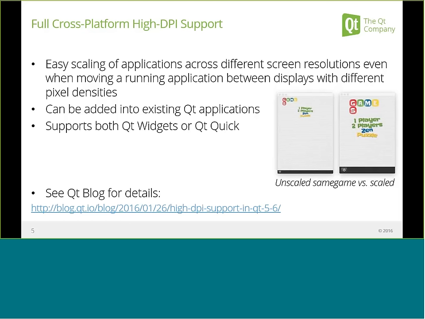So now what we've done is we have fully rewritten the High-DPI support so that you can take even an existing Qt application, and there's something called a device pixel ratio now added to Qt, and you can bind that ratio to a ratio given by the operating system.